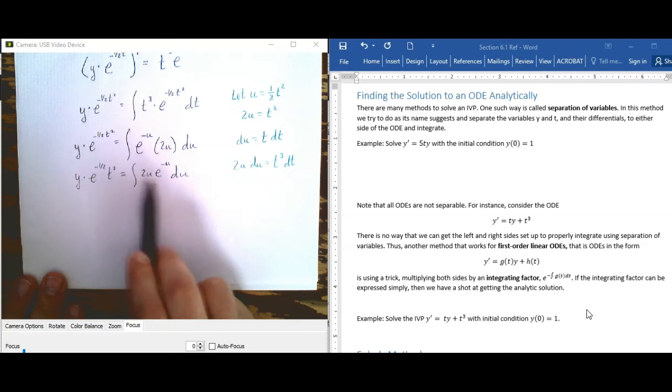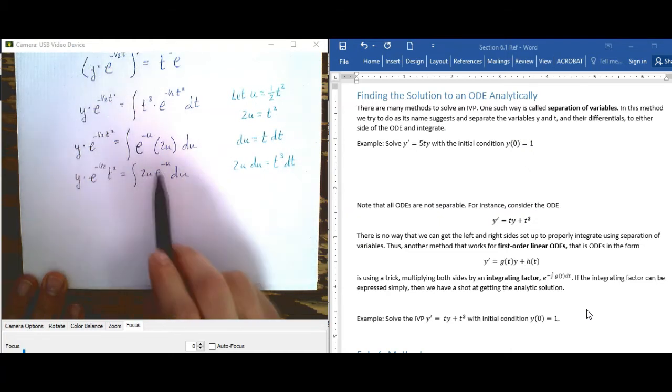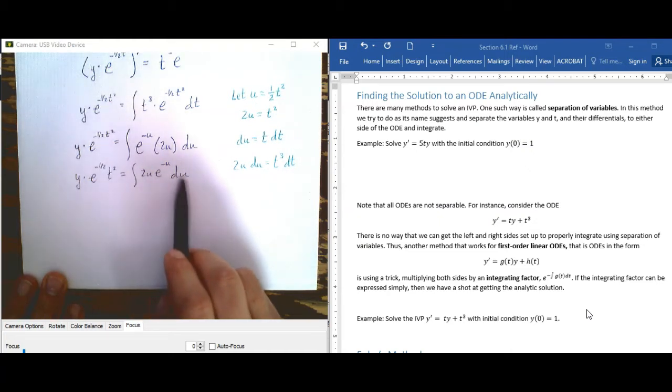Now we need to think about how we take care of this antiderivative. This antiderivative can be attained by using integration by parts. So 2u is our w function, and e to the negative u du is our dv.